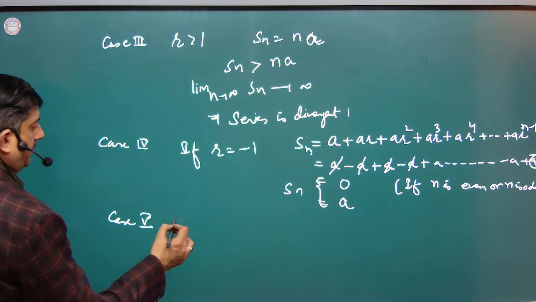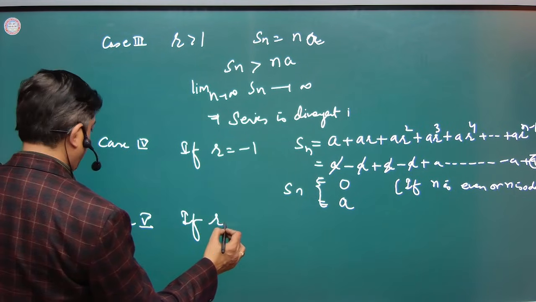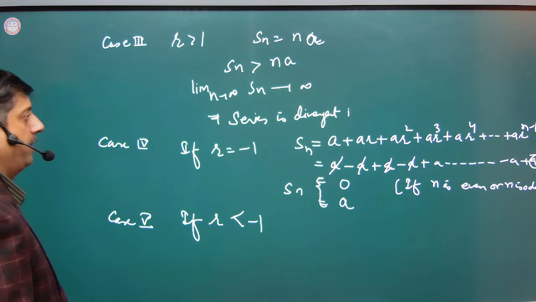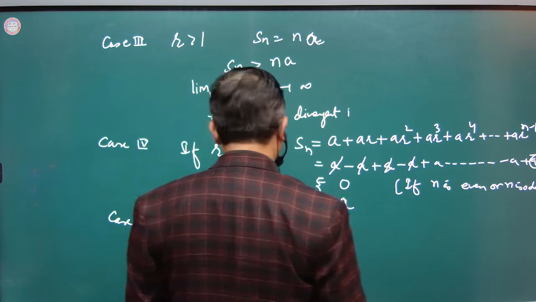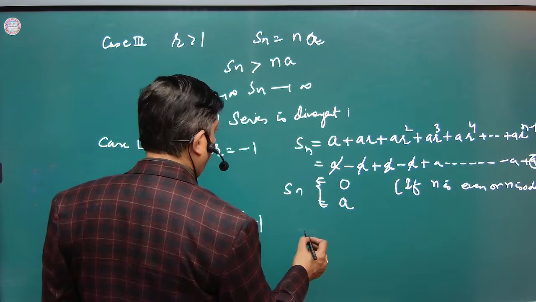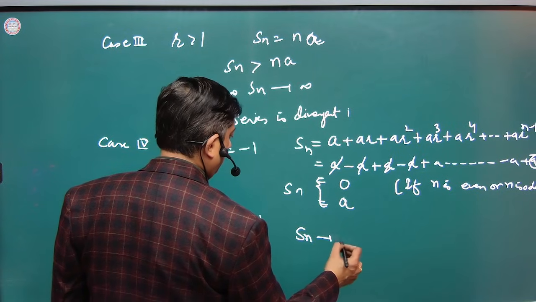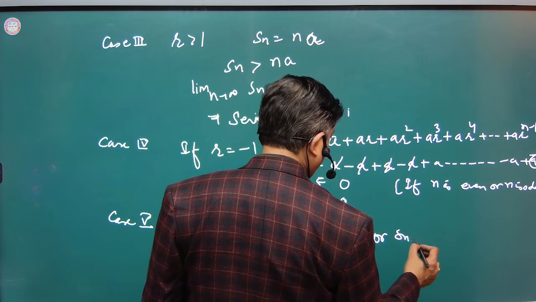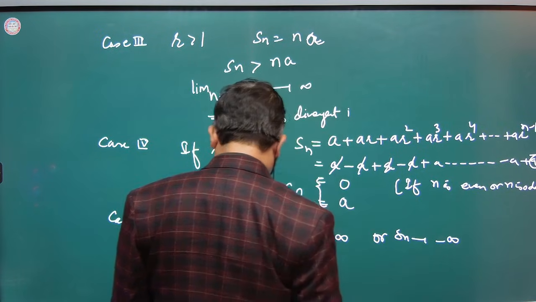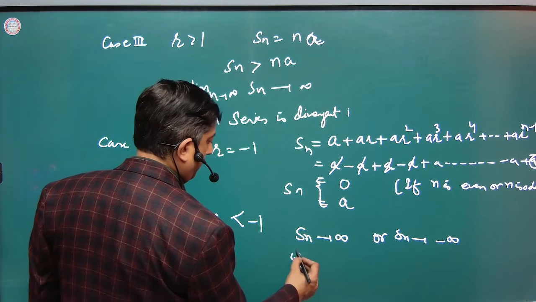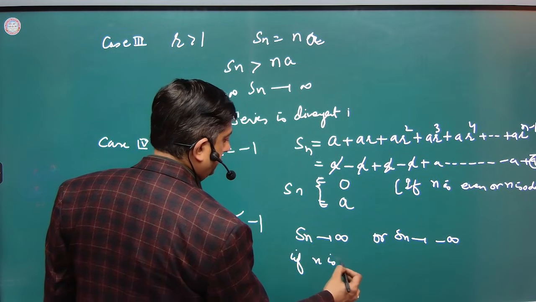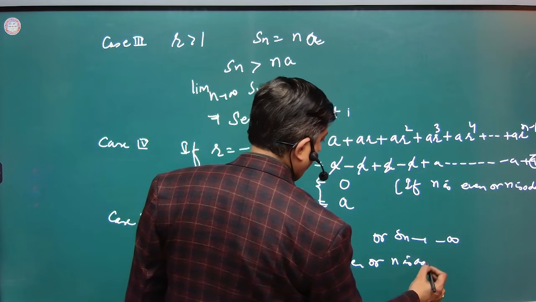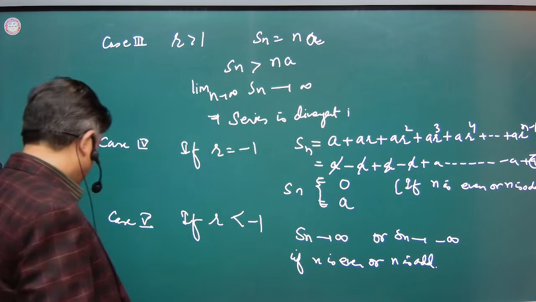Again, what is case 5? When r is less than minus 1. Then again, what will be the value of Sn? Sn goes to infinity, or maybe Sn goes to minus infinity, depending upon whether n is even or odd. It means the series is what?